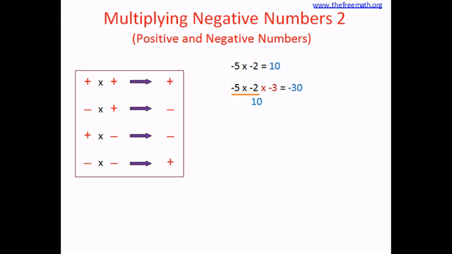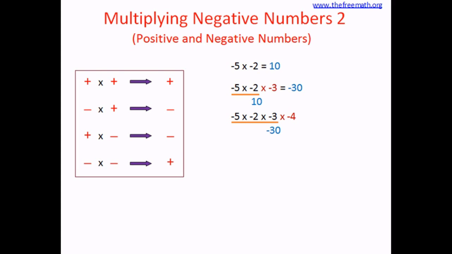Now let's multiply four negative numbers. Let's keep the first three numbers as is and multiply that by negative 4. Now if you look at the above example, we know the product of the first three numbers, that is the product of negative 5 and negative 2 and negative 3 is negative 30.